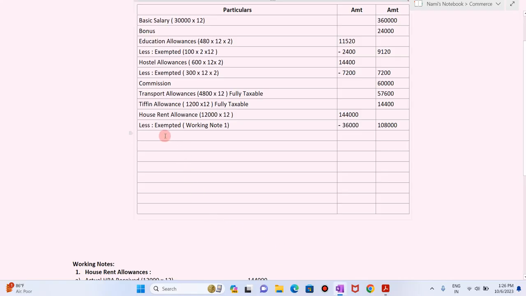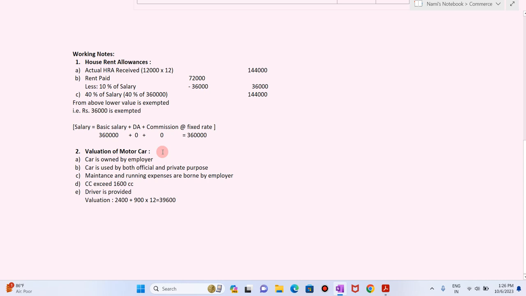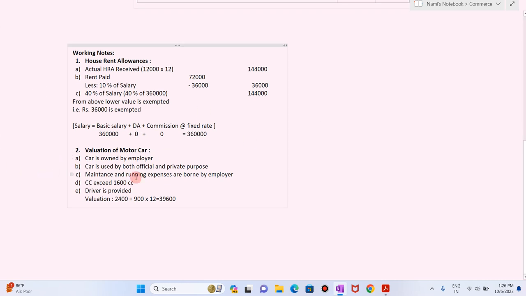Here write, valuation of motor car. Working note 2.